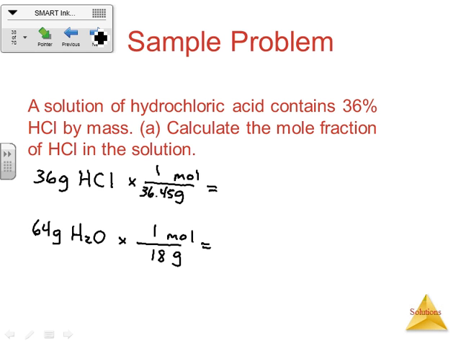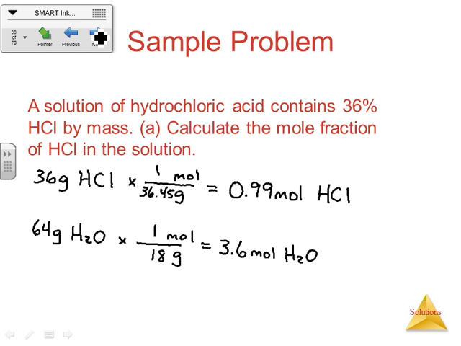I planned that. So really, for our sig figs here, we only have 2 sig figs, so it'd be 0.99. But you wouldn't necessarily want to round that quite that soon either, so I don't think it's going to make a big difference here. And then 64 divided by 18 is 3.6 moles of H2O.